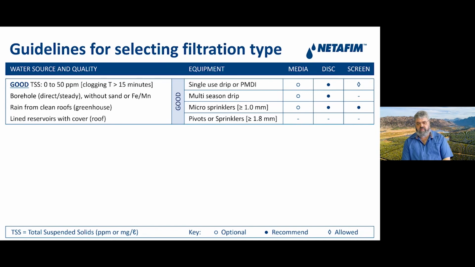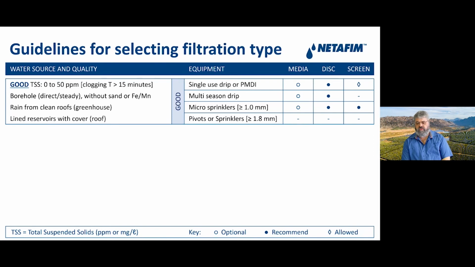Then in the middle, we have the equipment that we split up into 4 categories: single-use drip, multi-season drip, micro sprinklers, normally with an orifice bigger than or equal to 1 millimeter, and then pivot or sprinklers. Normally pivot or sprinklers don't use any filtration as a rule, but there are cases that we can think of implementing filtration.